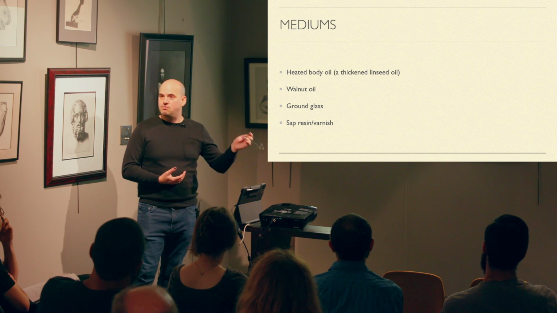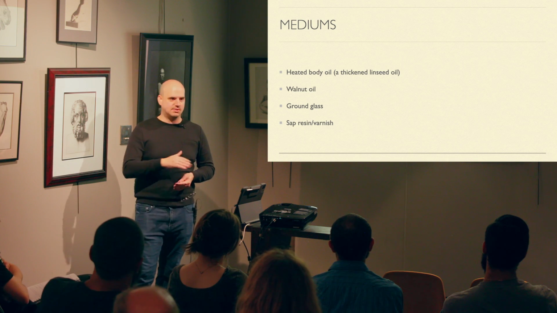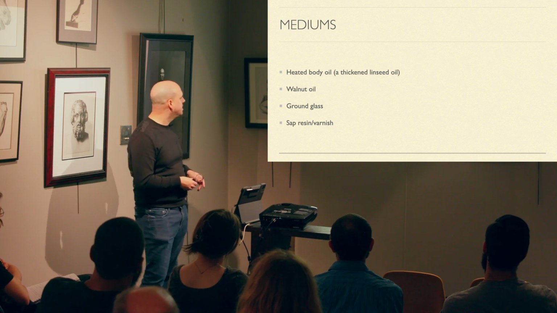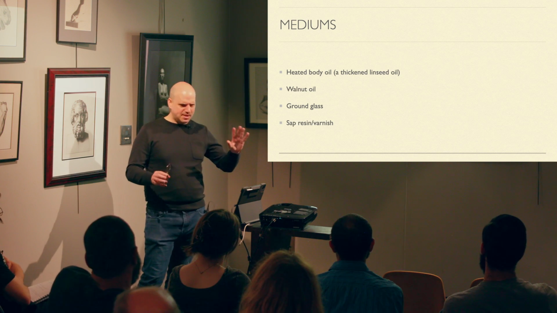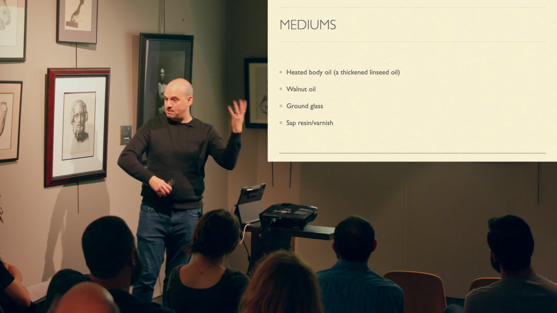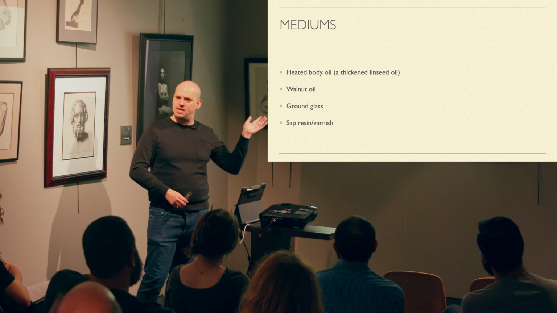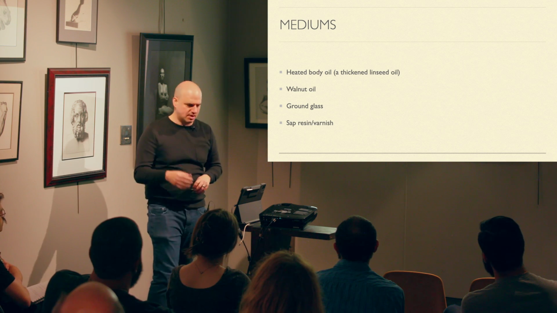It is all over Raphael's paintings. It is in early layers, it is in later layers, it's all over the place. And sap resin or varnish is found sparingly, but it is found in some places, like if you think back to the ambassador portrait of the two men with the green background, that green fabric has a resinous medium in it to help hold its intensity of glazing, I think.